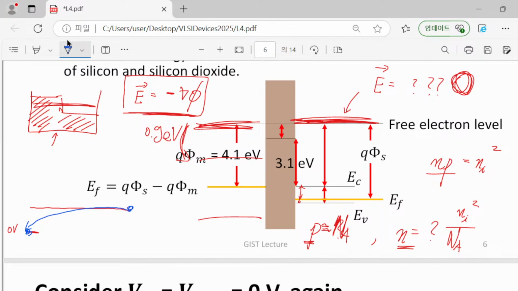That is the simple idea we can have. So please note that flat band condition is quite important because it makes our analysis easy.